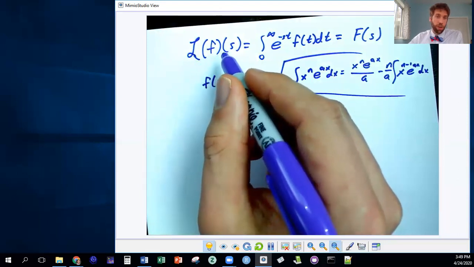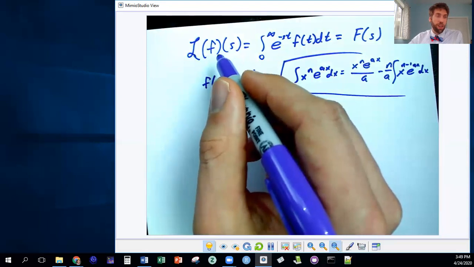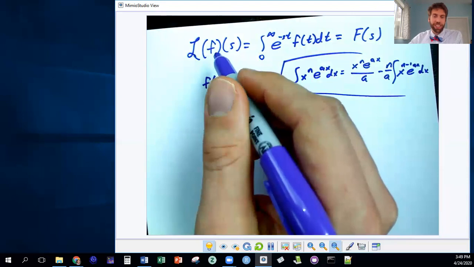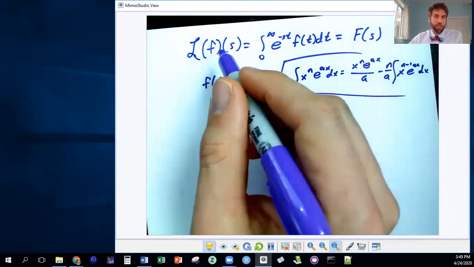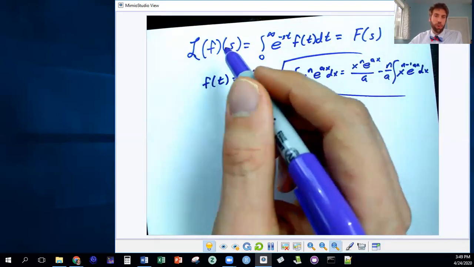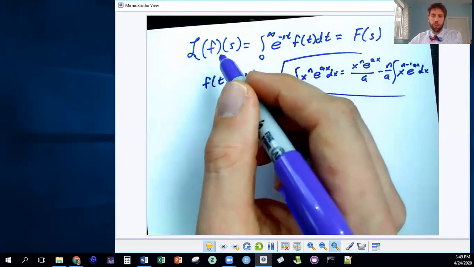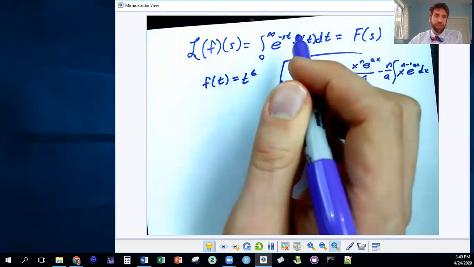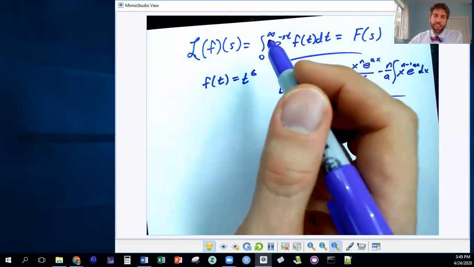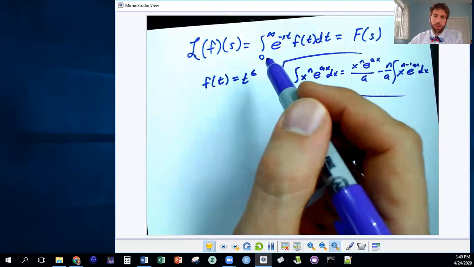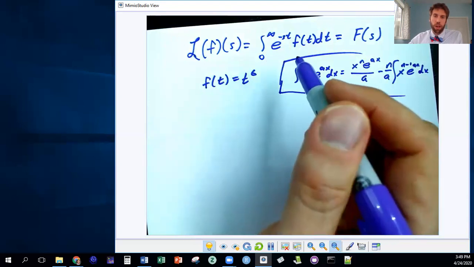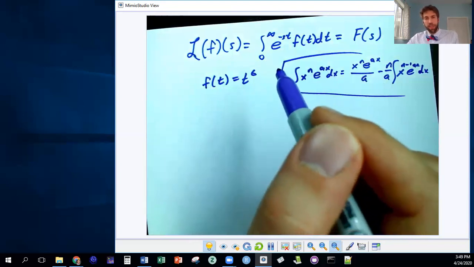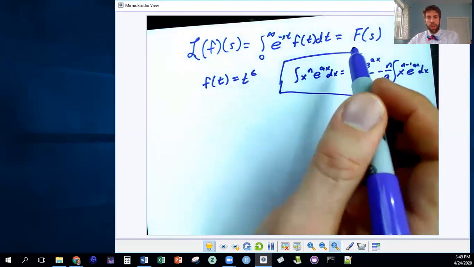And functions, like people, are known by their actions. In order to say what a function is, you have to say what it's doing with s. Well, it's taking s, and for each s, it's computing this integral. Well, that's fun. The integral from 0 to infinity, e to the negative st times f of t dt. And we'll call that function capital F.